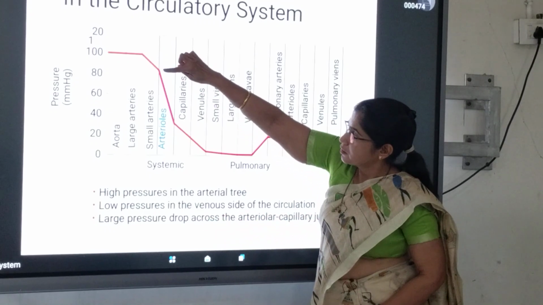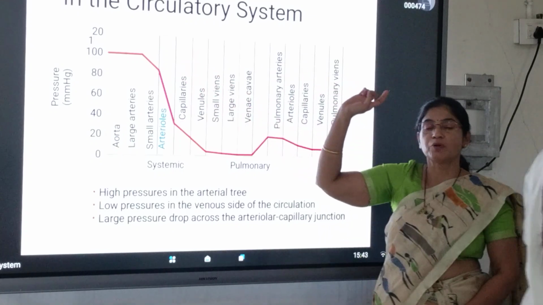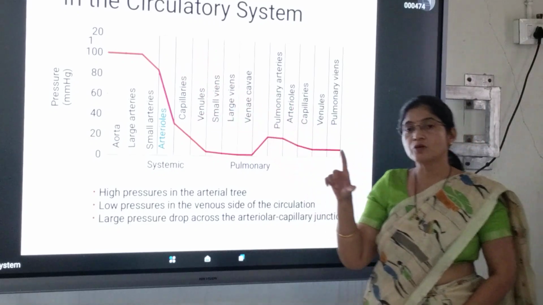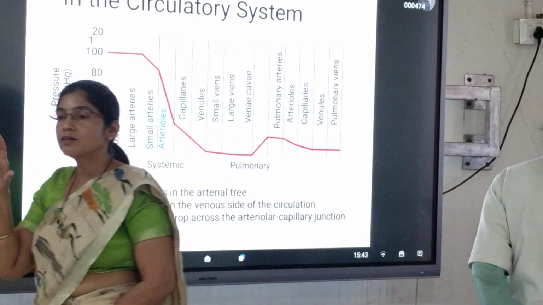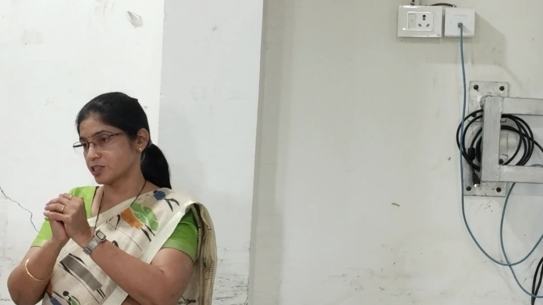You can see this line. Suddenly the pressure drops from 80 to 30 mm of Hg from the arteries to the arterioles. The arteriole is the site where you get the maximum resistance. This is the peculiarity of the arteriole: it consists of a large amount of smooth muscle, and because of contraction of the smooth muscle, the arteriole decides how much blood should go into the capillaries.